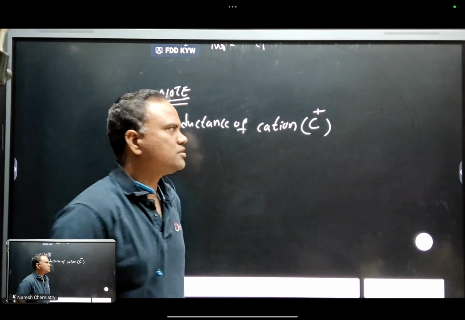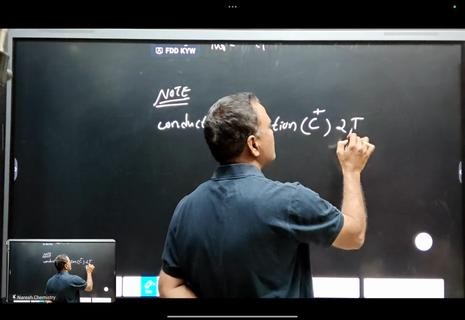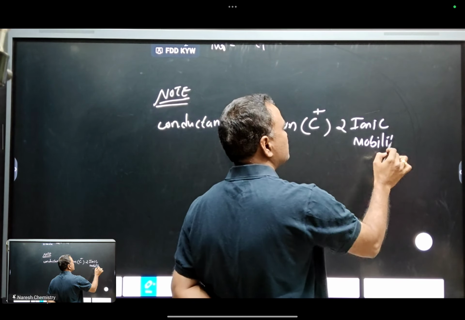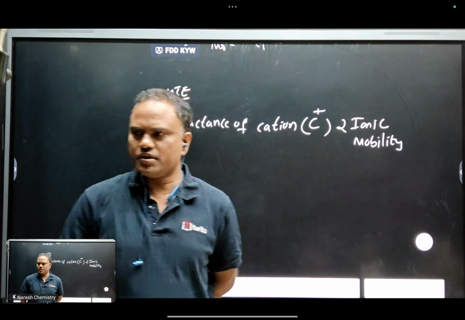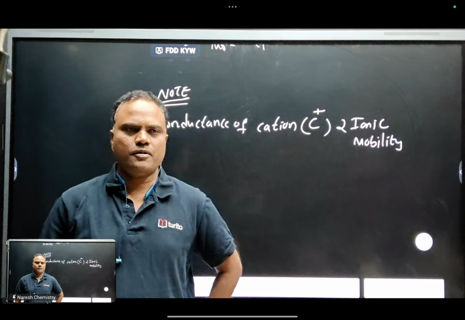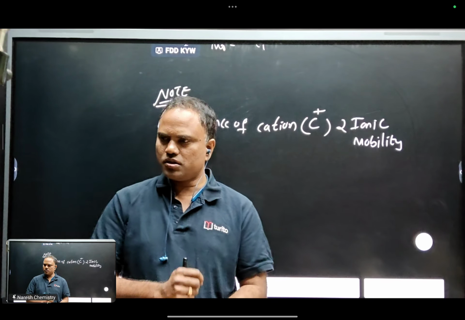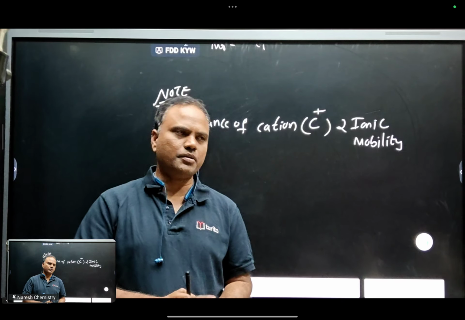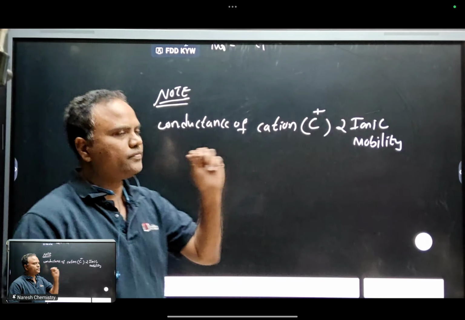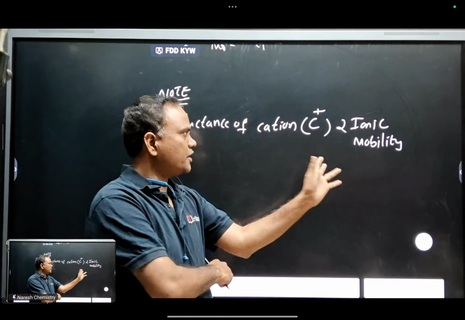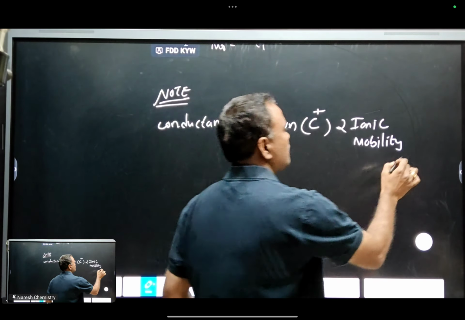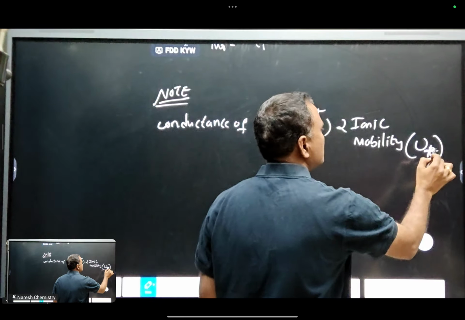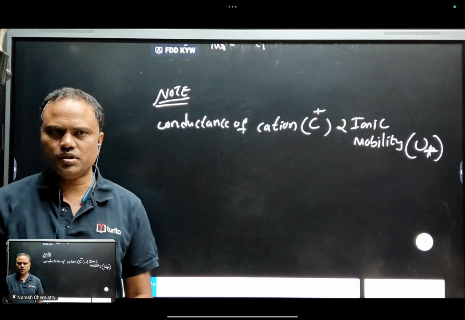C plus is directly proportional to ionic mobility. In the first day or second class, I explained, smaller ion moves fast. It conducts more current. If mobility is more, conducting power is more. Conductance of cation C plus is directly proportional to ionic mobility. Let us consider ionic mobility as U positive. U positive represents ionic mobility.